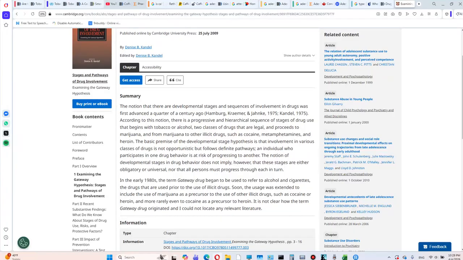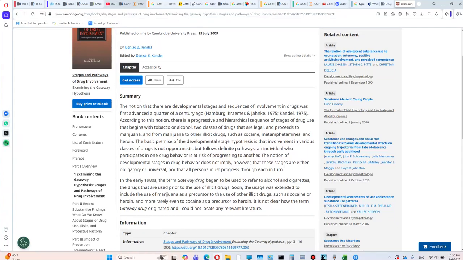According to this notion, there is a progressive and hierarchical sequence of stages of drug use that begins with tobacco or alcohol, two classes of drugs that are legal, and proceeds to marijuana, and from marijuana to other illicit drugs, such as cocaine, methamphetamines, and heroin.